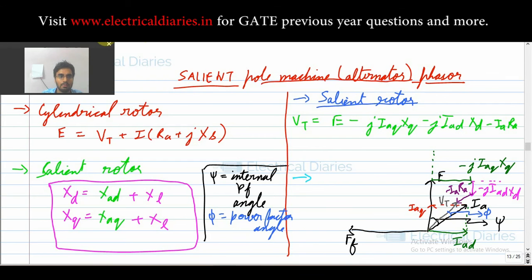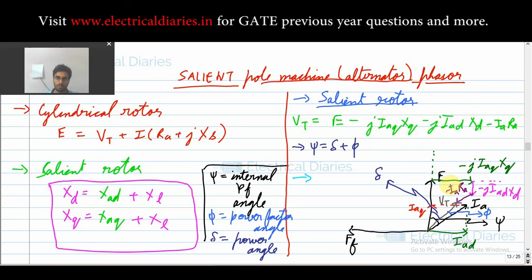This angle I am denoting with this color. So this is your delta, and delta is your power angle. From this whole discussion you can also write this relation, psi is equal to delta plus phi. So this is one relation, and this is the phasor diagram.